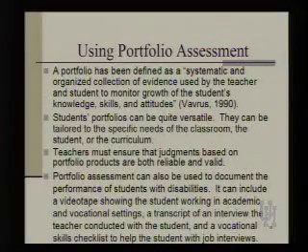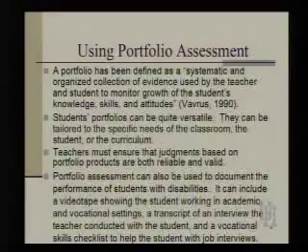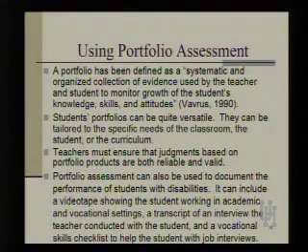And the portfolio might be not only used for assessment and evaluation of the student's work in this particular class, which might be a pre-vocational skills class or whatever, but the portfolio could be something that the student would take with him that would be useful in referring to when he had to actually interview or apply for a job or fill out a job application, or the skills necessary for locating jobs, these sorts of things. So portfolios can serve multifaceted purposes.